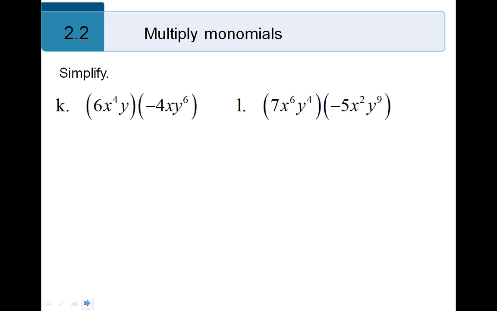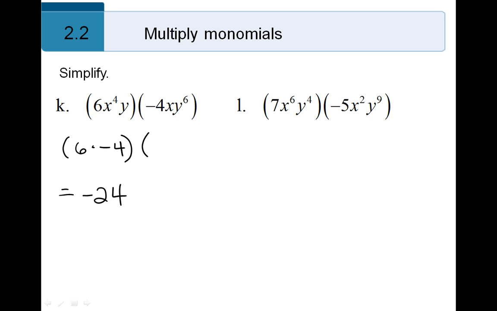On k we have 6x to the fourth y times negative 4xy to the sixth. So the coefficients 6 and negative 4, we're just going to multiply those together. So 6 times negative 4 equals negative 24.